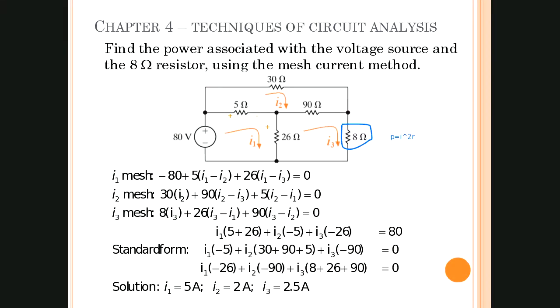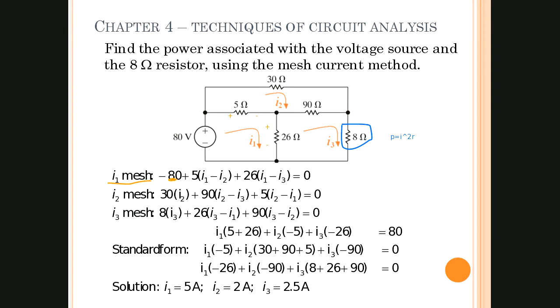That's how we set up our values. This sets up the sign notation. So we're looking at current I1, mesh 1, right here. We start at the bottom left corner and go up. We hit the negative sign of that voltage source, so we say it's minus 80 volts, which we have right here.